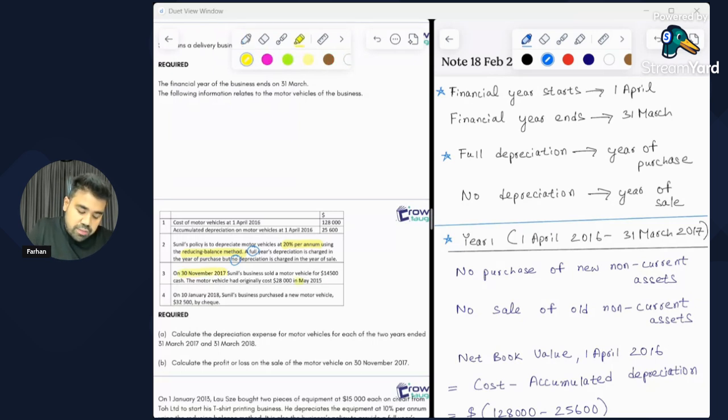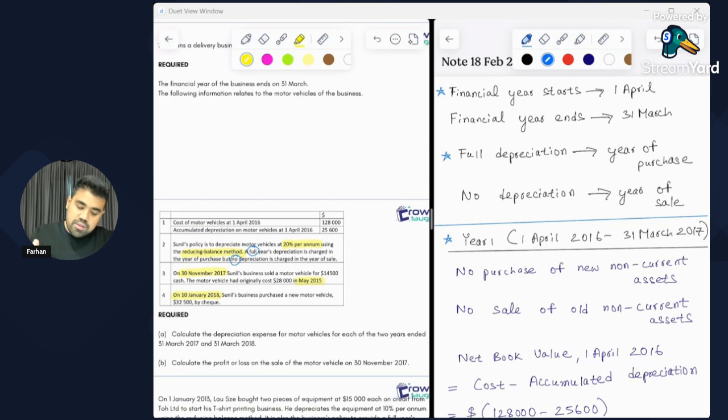So I'll just highlight the dates here for now, because knowing what to do based on the dates is very important when you're solving a similar question in your exam. The fourth information says that on 10 January 2018, Sunil's business purchased a new motor vehicle, $32,500 by cheque.